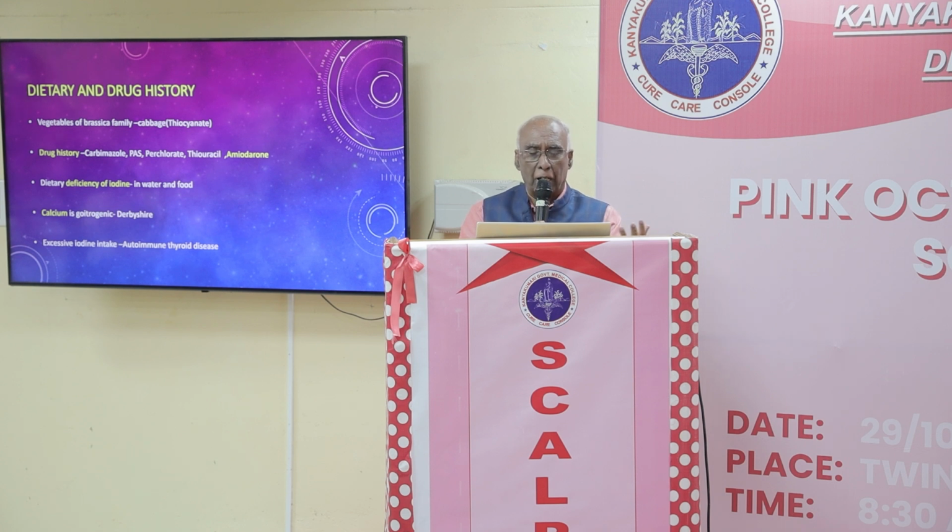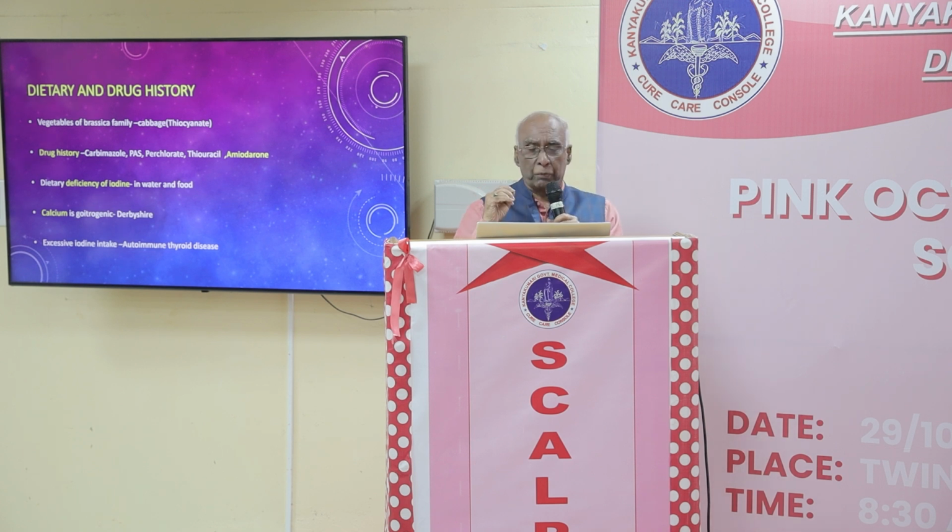I have mentioned carbimazole, but also PAS, which nowadays you are not studying in pharmacology, maybe you are not using it also, the para-aminosalicylic acid, which was an anti-tuberculous drug. Perchlorate, thiouracil, and the most commonly used drug nowadays producing goiter is amiodarone, a cardiac drug, that will produce toxicity. So amiodarone induced thyrotoxicosis.